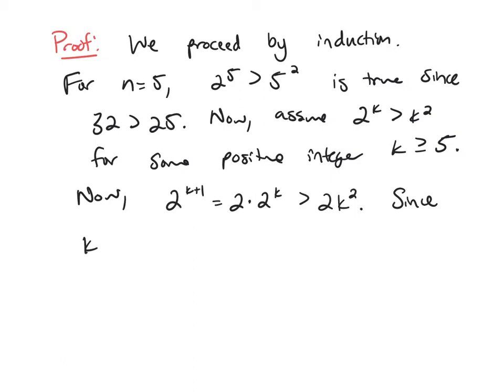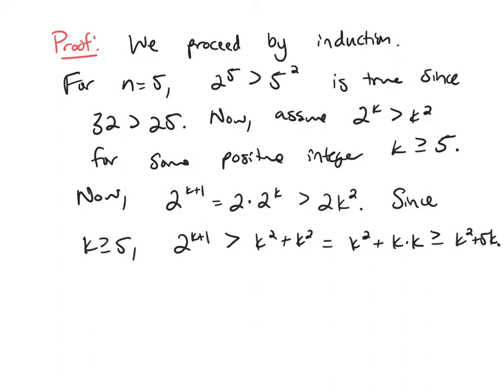Since k is at least 5, we were able to show that 2 to the k plus 1 is greater than k squared plus k squared, which equals k squared plus k times k, which is greater than or equal to k squared plus 5k.